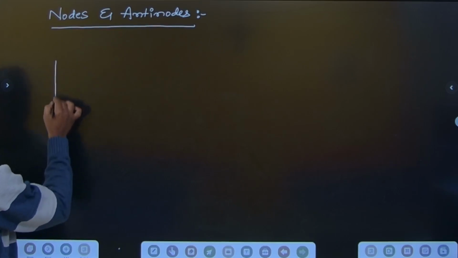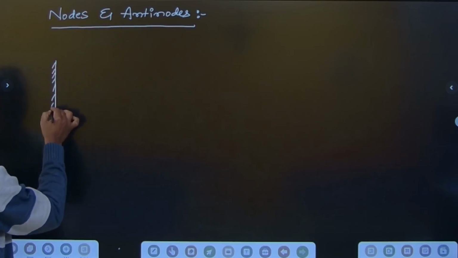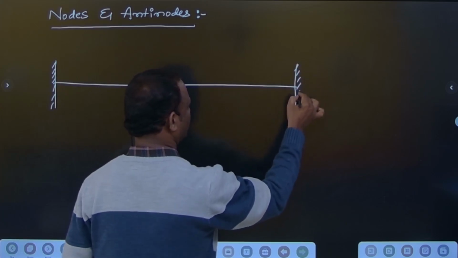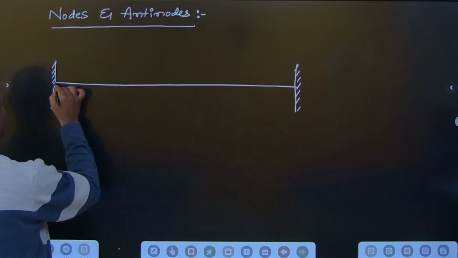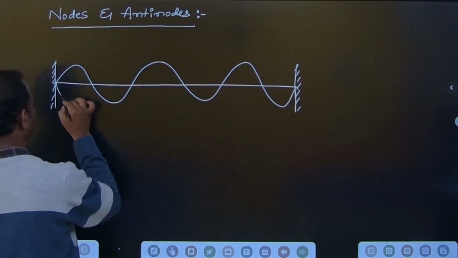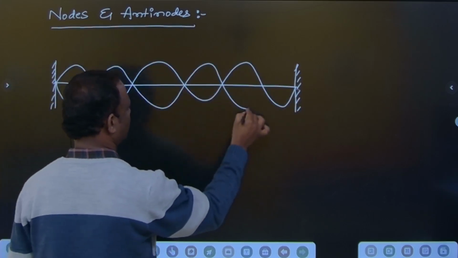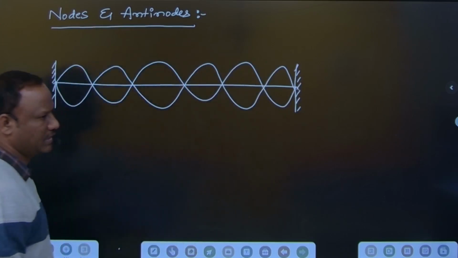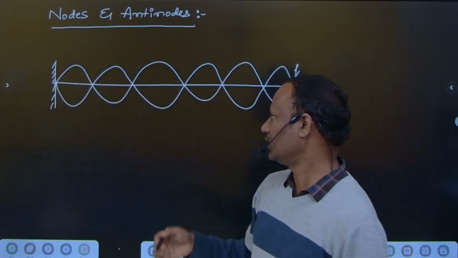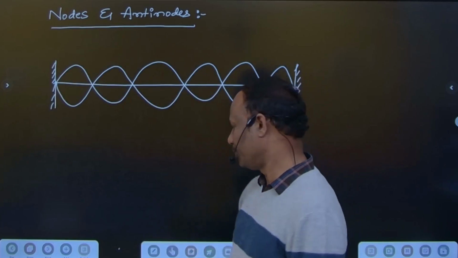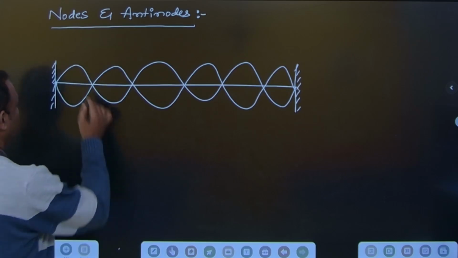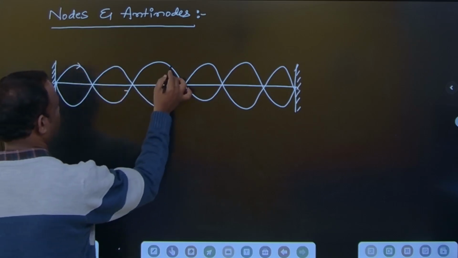Here a stationary wave is formed between two rigid supports. This is the propagation of the wave. As a result, some particles in the medium undergo constructive interference and some undergo destructive interference, giving maximum and minimum displacements. This is the stationary wave formation.